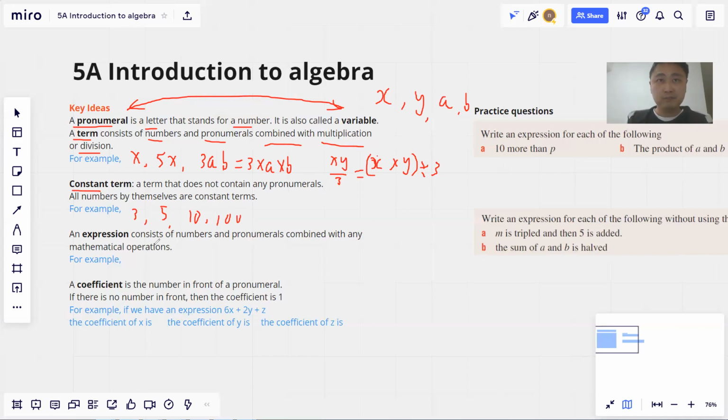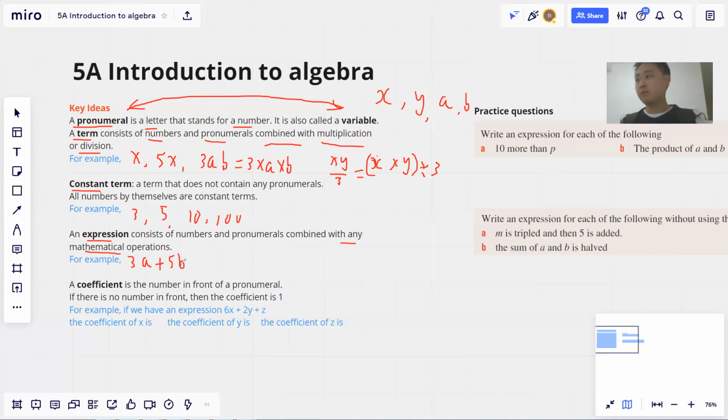And what is an expression? An expression consists of numbers and polynomials combined with any mathematical operation. It's very similar to a term, but we need to have mathematical operations. For example, one expression is 3a plus 5b.